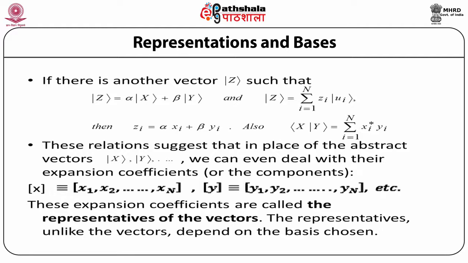These relations suggest that in place of the abstract vectors ket vector x, ket vector y, and so on, we can even deal with their expansion coefficients or components, where the components of x are given as x1, x2, and so on till xn for an n-dimensional space, and the components or expansion coefficients for y are given as y1, y2, and so on till yn.